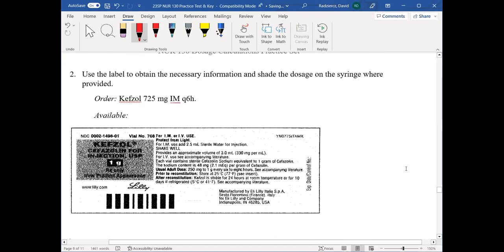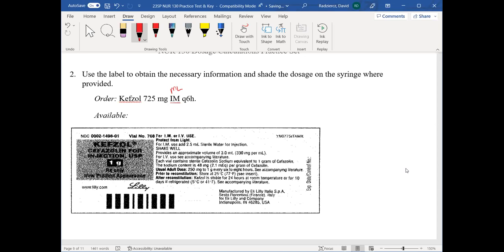Because it's IM, intramuscular, that's your indication that we are in milliliters. If you ever get stuck on that, if it's IM, SC, or IV, we know it's in milliliters, because we're not going to shove pills transdermally into the body. If it's by mouth, it could be mL, tablet, or capsule, depending on what we have available.